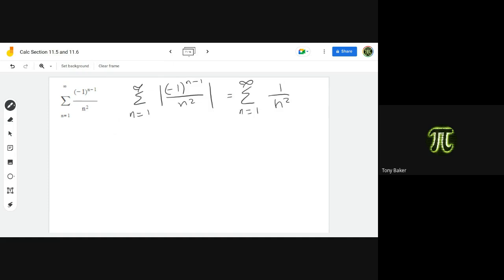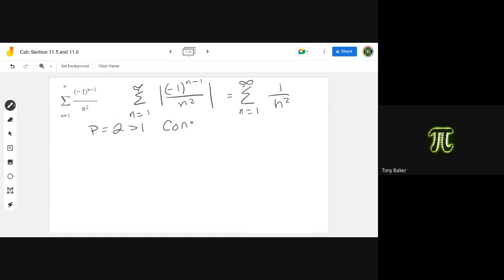So I took the absolute value of my series, and that's the same thing as saying 1 over n squared. What test does this fall under? That's a p series, right? And in this case, p equals 2, which is greater than 1.